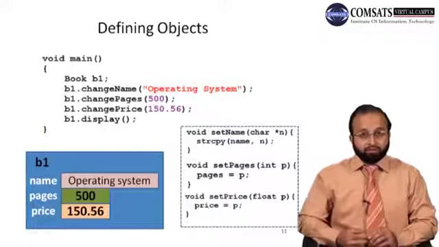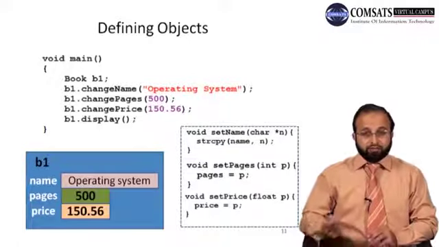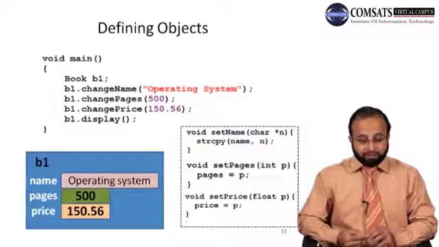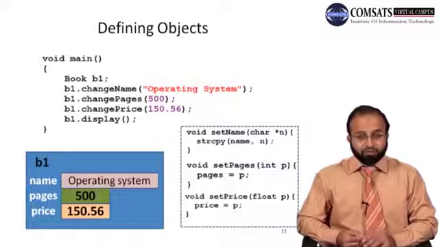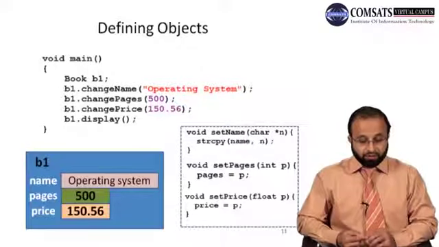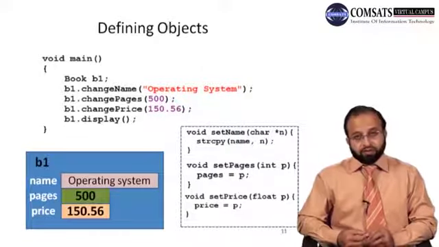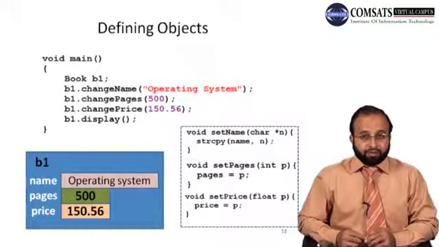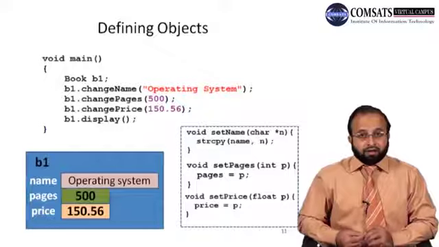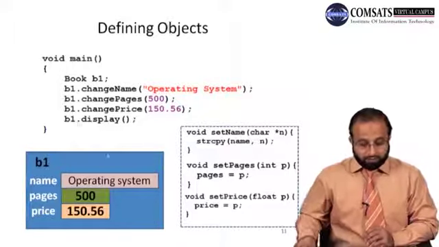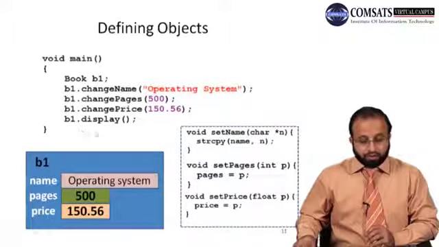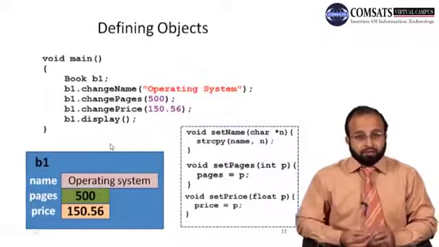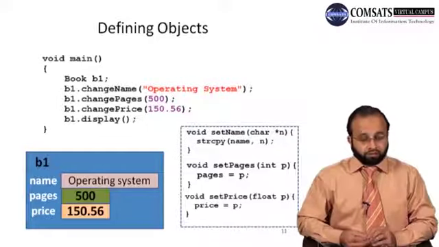Now, whose private data member? The object with which you called the change price function. For example, if I create another object b2 and I call the function b2 dot change price 160, now 160 will be assigned to the price data member of the b2 object, right?